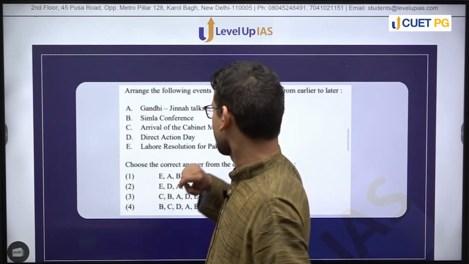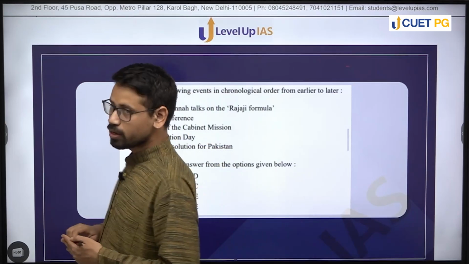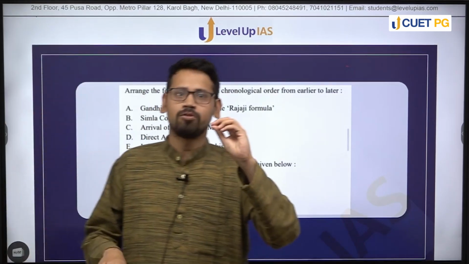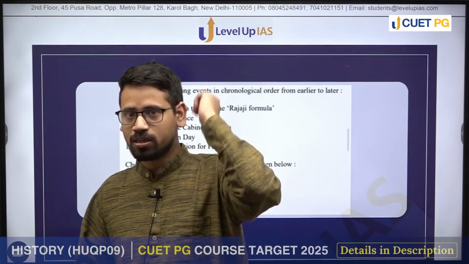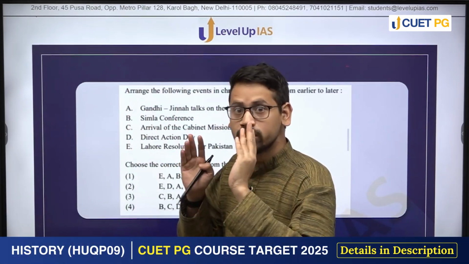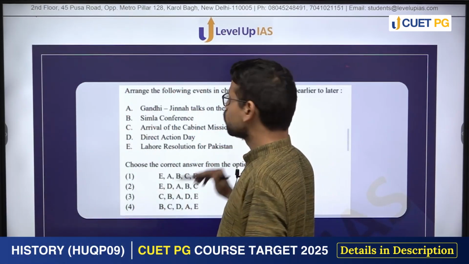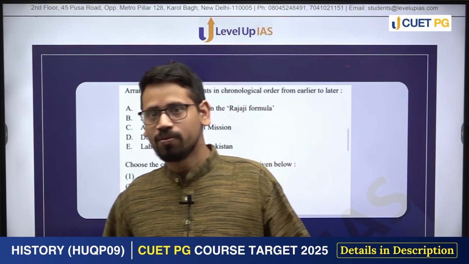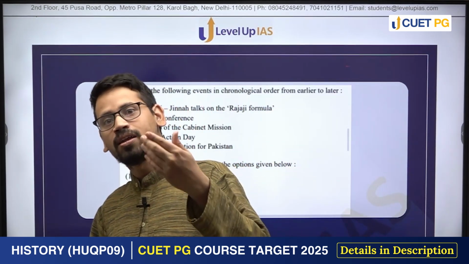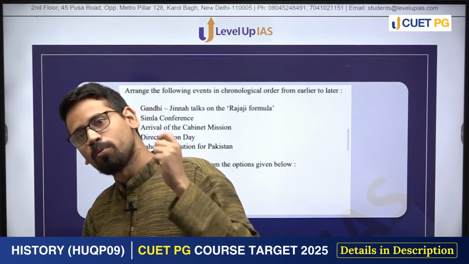So if you use basic commonsensical thing, historical application in this context, you will see how this staging has been done. Resolutions is the first stage of any kind of endeavor. First, you create a resolution to act upon something.